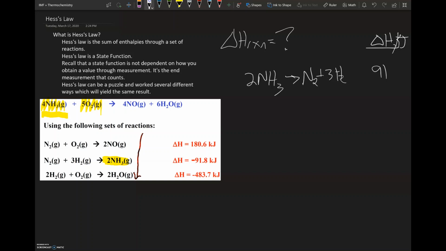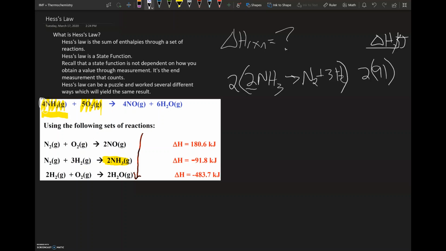Now if we also pay attention to the coefficients in the balanced equation, we will see that there's a 4 in front of NH3, but in step 2, there are 2 NH3s. So we're going to multiply this step by 2. Whatever you do to this step, you also have to do to the enthalpy, your delta H. So that's the first thing I do, is focus on getting the NH3 into place.